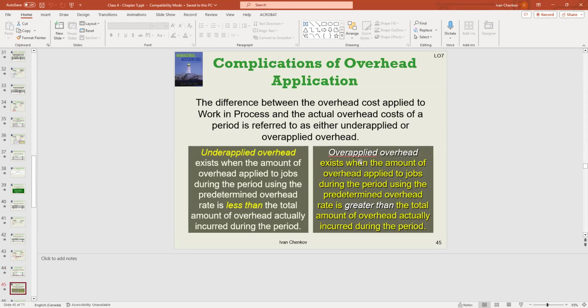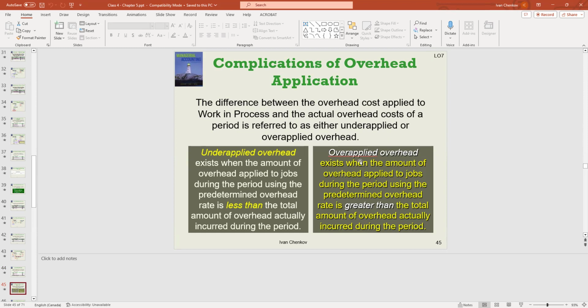At the end of the period, we go to our manufacturing overhead account and start comparing debit to credit. Debit, again, remember, is the actual cost. Credit is the cost that we applied. So we're going to have two possible scenarios.